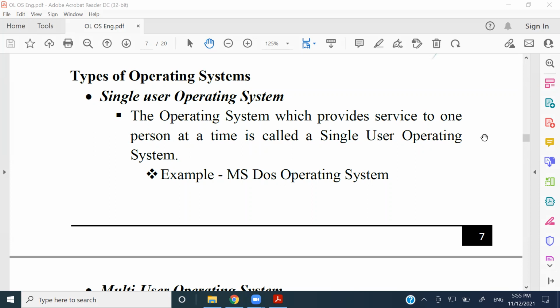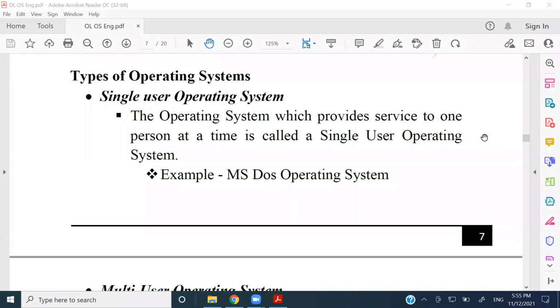So if you think about the operating system that we are using here, it is also a kind of single user operating system, because this operating system is just used by me, right? So no one else will be able to interact with this operating system at the same time, right? So it is a single user operating system, right?